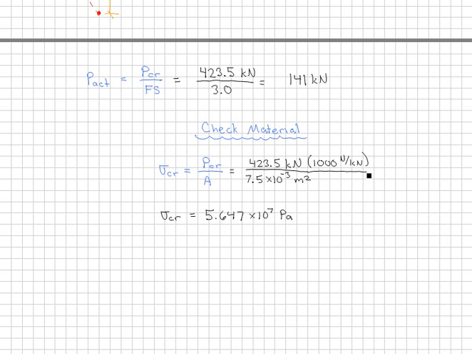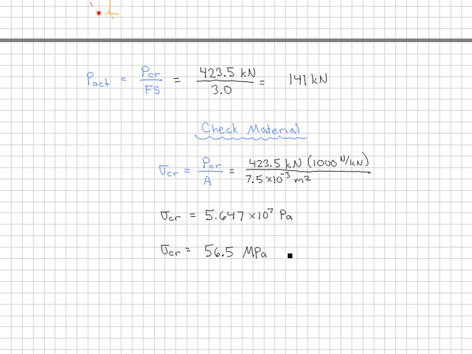But whenever we deal with stress, we want to convert our units to megapascals if we're using the SI system of units. And we can do that by dividing by a factor of 10 to the 6th. When we make that conversion, we come up with a stress of 56.5 megapascals.